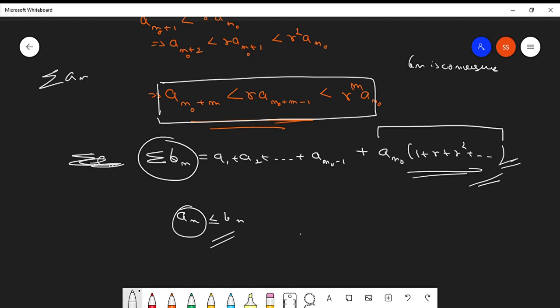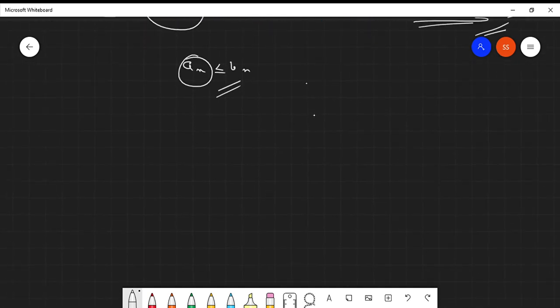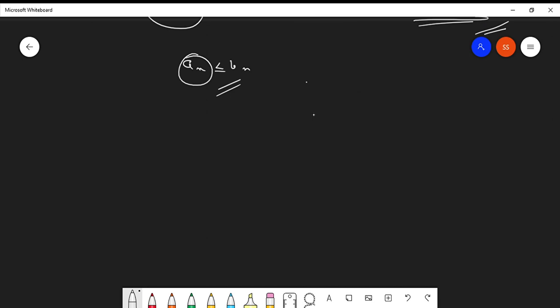Why is the third point said to be inconclusive? See, suppose you have two series, summation 1 over n and summation 1 over n square. What will happen if you take the limit as n tends to infinity of a_{n+1} over an?